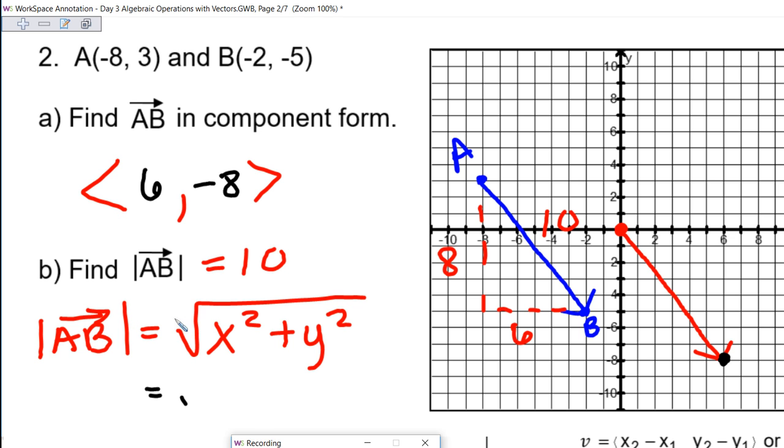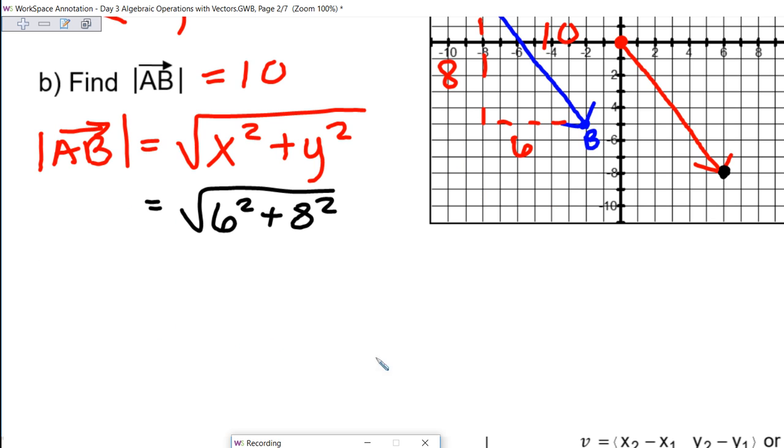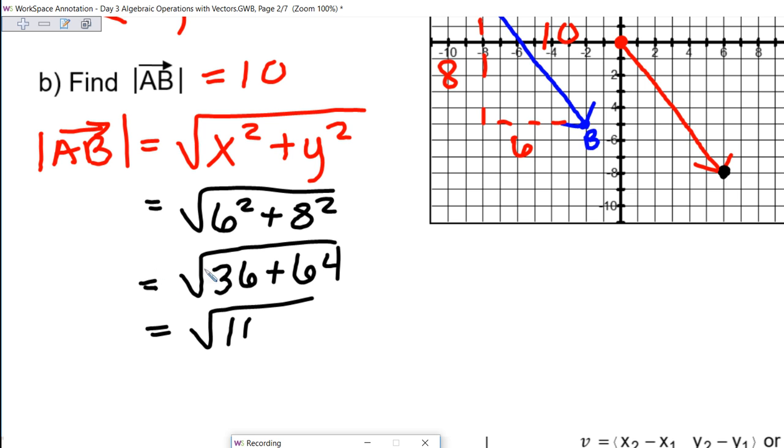So the x value is 6, so that would be 6 squared, plus the y value is 8, so that would be 8 squared. 6 squared is 36. 8 squared is 64. 36 plus 64 is 100.